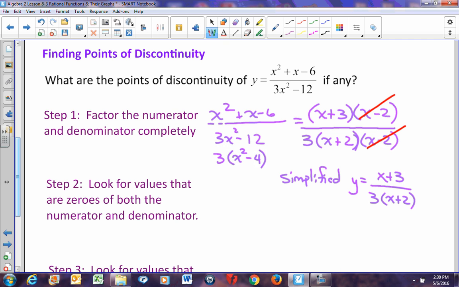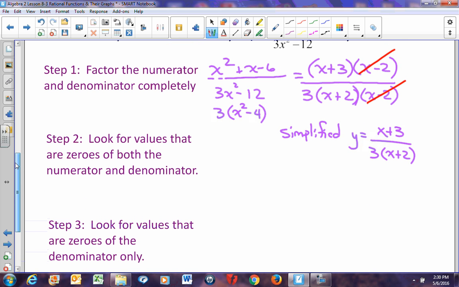If I look at that, I have the x minus 2 and the x minus 2, which I canceled out. Those are the same factors that I multiplied together, and that will give me a hole.